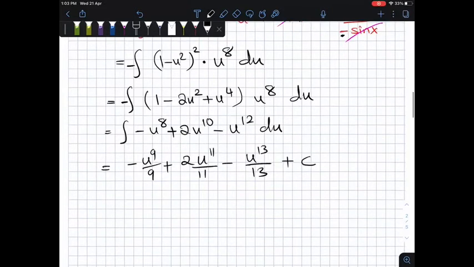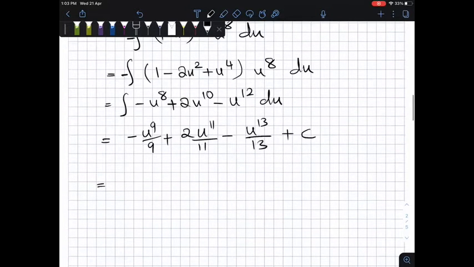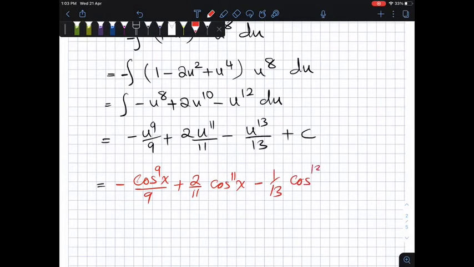Okay, and also guys, you have to replace u again by its original value. We let u as cosine, so it's negative cosine to the power of 9 x over 9, plus 2 over 11 cosine to the power of 11 x, minus 1 over 13 cosine to the power of 13 x, plus c.